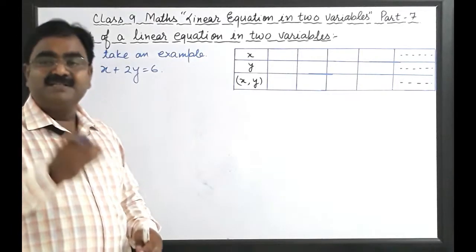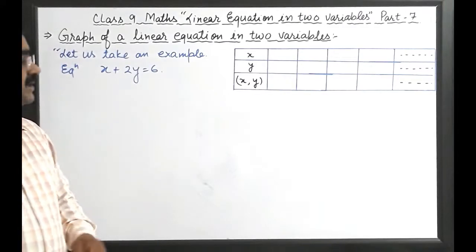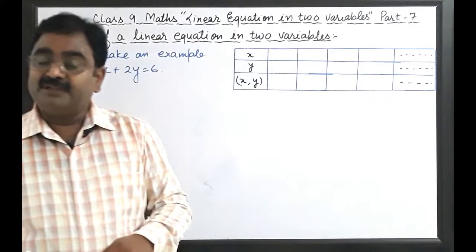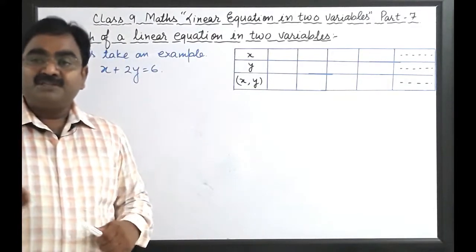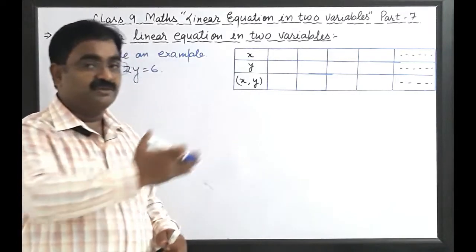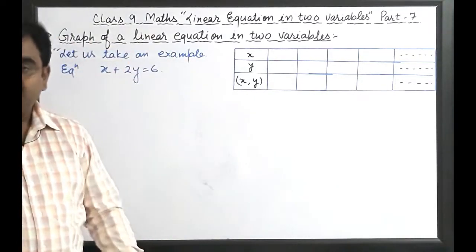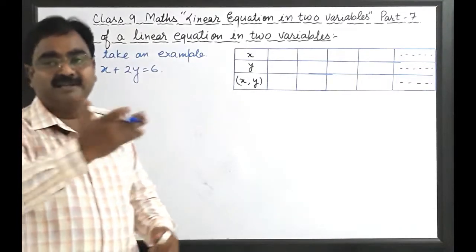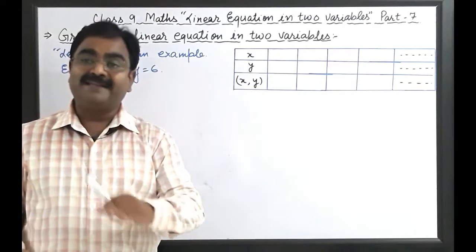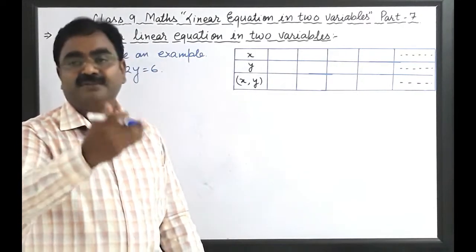Before learning its graph, we have already learned in our previous chapter how to get the solution of any linear equation in two variables. Based on that, first of all we have to find out the solution. To draw the graph of any equation, we have to find the solution. So we have to apply that method to find the solution of the linear equation.